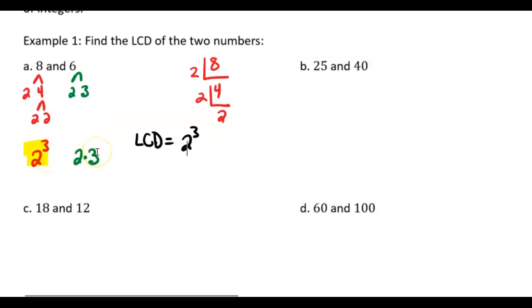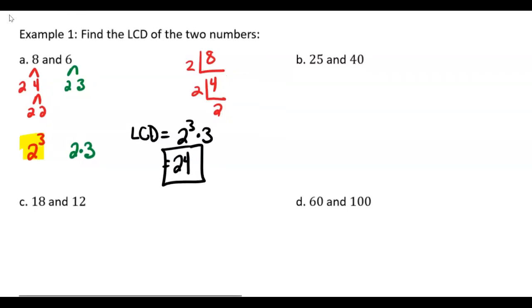A 3 occurs once in 6. So you use the 3 just one time. We're going to do this a bunch, and it's going to make more sense as we go. So 2 cubed is 8, times 3 is 24. The lowest common multiple, or what we would use to make the least common denominator, would be 24. If that was confusing, hang in there with me. Let's try another one.